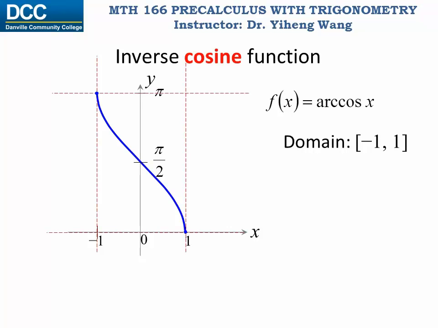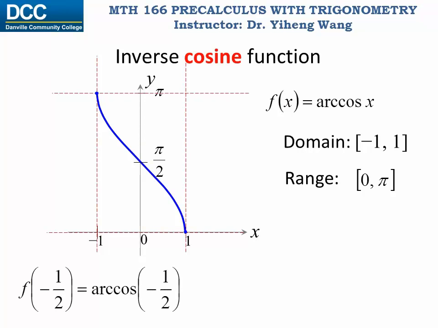And the range for this inverse cosine function is from 0 to pi, including both ends, which is the domain for the original function. Once again, it is important to remember this range because this indicates that if you use the inverse cosine function to evaluate angles, you can only get angles back that are between 0 and pi.